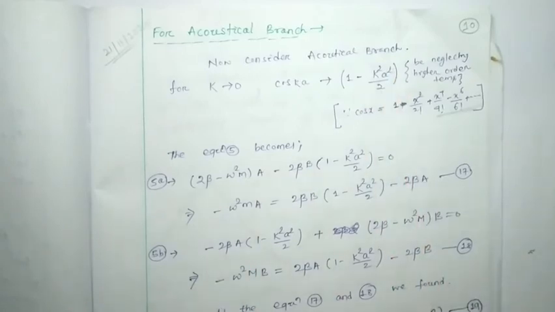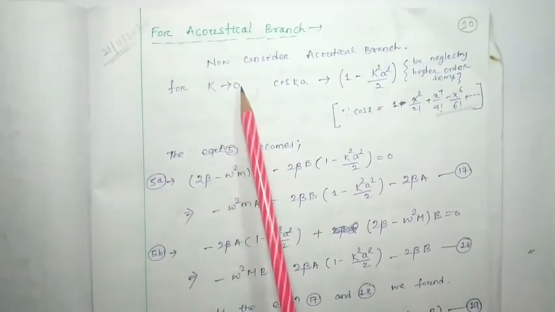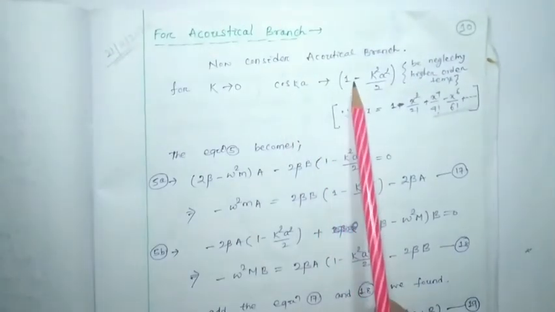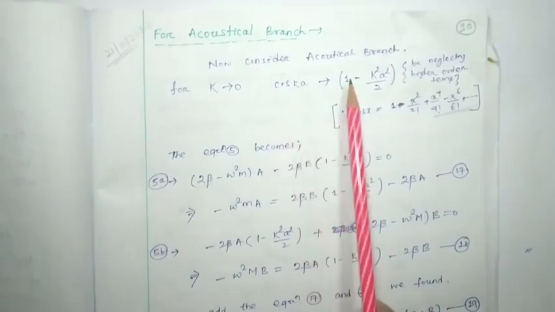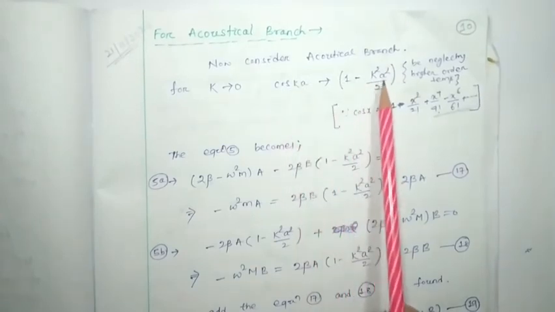Now you can ask, sir, in the case of the optical branch we considered k tends to 0, that means cos ka tends to 1, but here we considered cos ka equal to 1 minus k square a square by 2. Why?